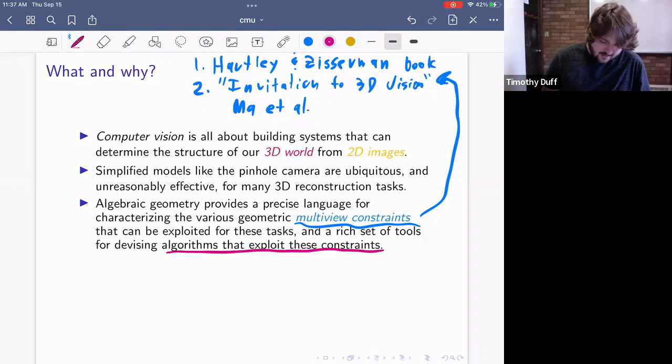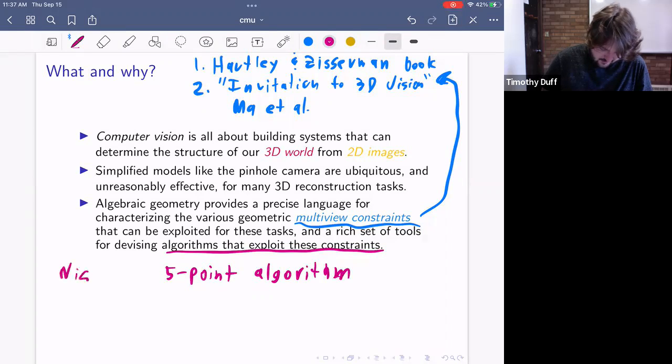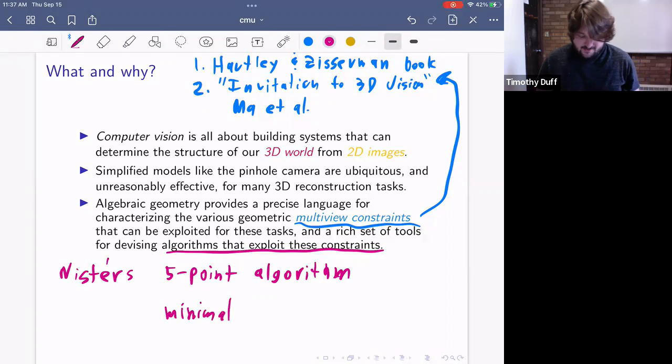And it's not the focus of this talk, but I'll give you a few buzzwords. So probably the most prominent example of an algorithm that's algebraic geometry based in computer vision is this thing called the 5-point algorithm. And this is due to Nistér. And more generally, there's a collection of techniques that are used in 3D reconstruction pipelines called minimal solvers.